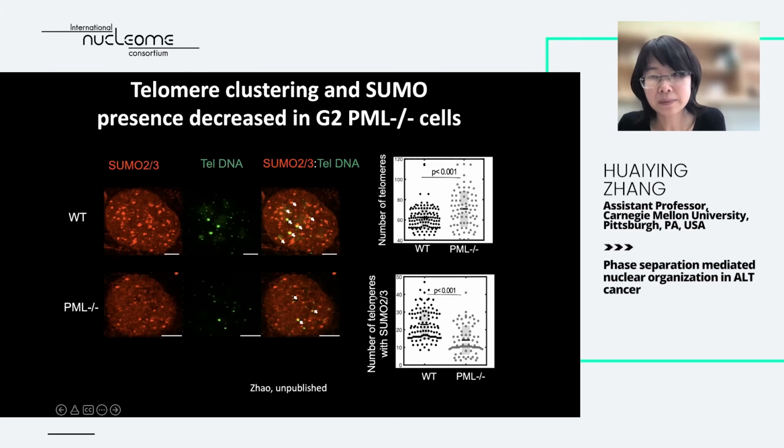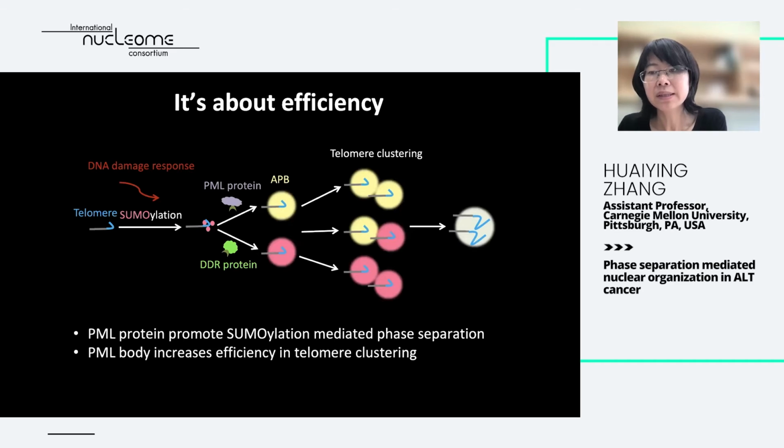This means that PML, although it's not required, really helps efficiency in endogenous cells in two ways. First, the presence of the PML protein can promote SUMOylation-mediated phase separation because it contains three SUMO sites and one SIM, and PML protein can self-interact and drive phase separation.